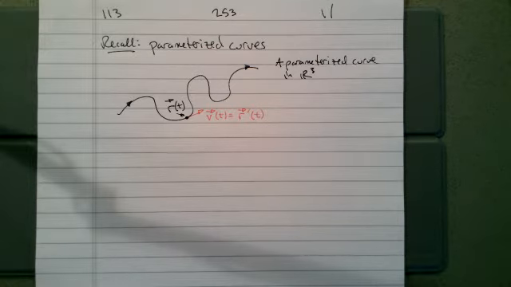So we've taken parameterized curves, a one-dimensional curve in R3, and we've started to install our derivative thinking on it.